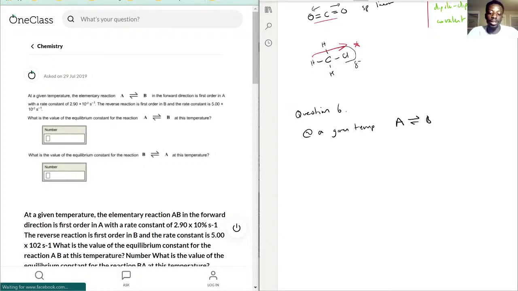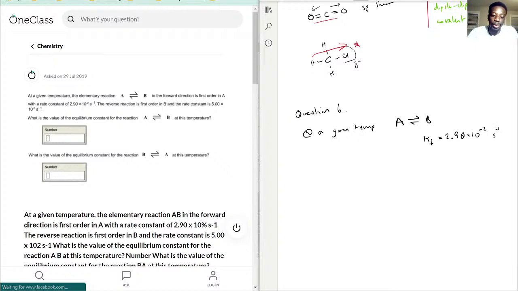But the point being is that for this first order reaction, the K forward is 2.90 times 10 to the negative 2. Actually, I don't want to scroll over because that makes things annoying. Just going to write under it. And that's just the units, seconds to the negative 1.